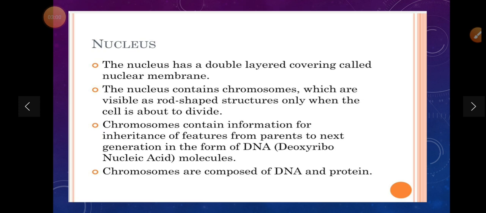Chromosomes contain information for inheritance of features from parents to the next generation in the form of DNA molecules. The full form of DNA is deoxyribonucleic acid. Chromosomes are composed of DNA and protein. Even the gene is a structural and functional unit of DNA.